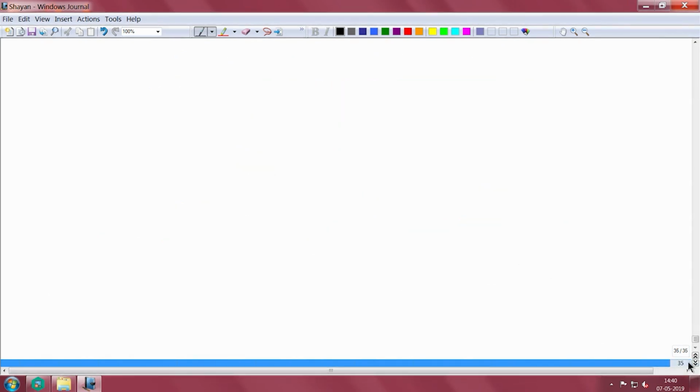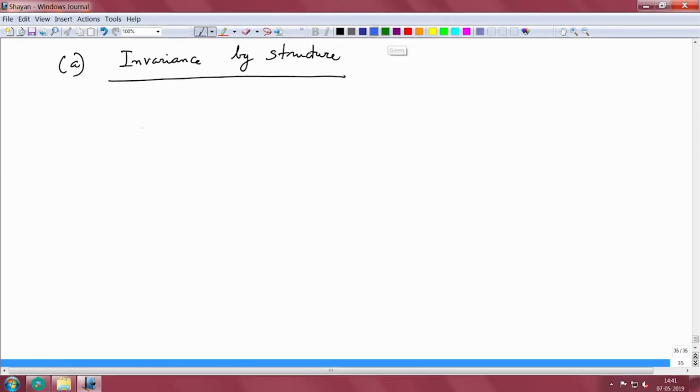So, let us look into two invariance ideas. One is invariance by structure, the other is invariance by training. So, let us see what they are.